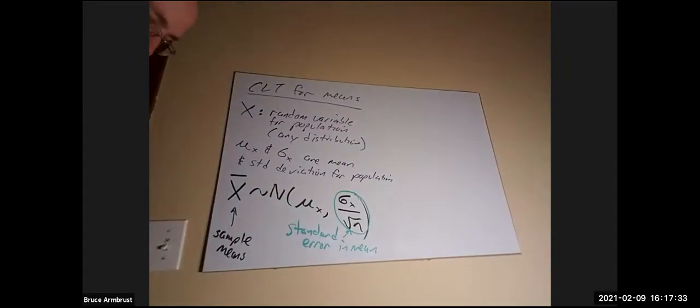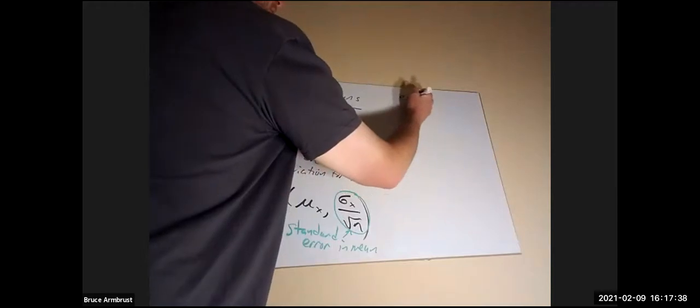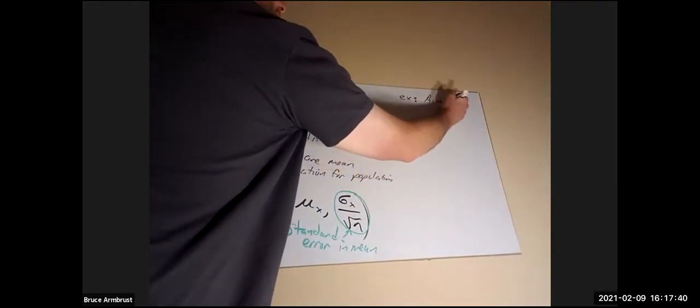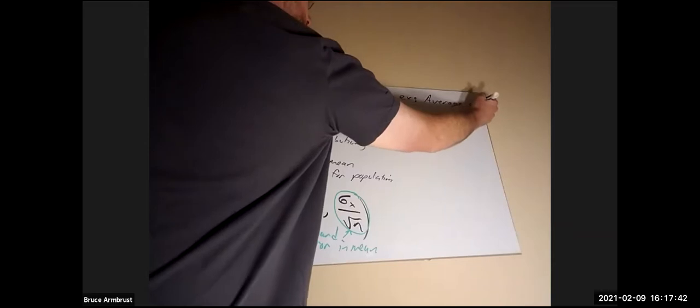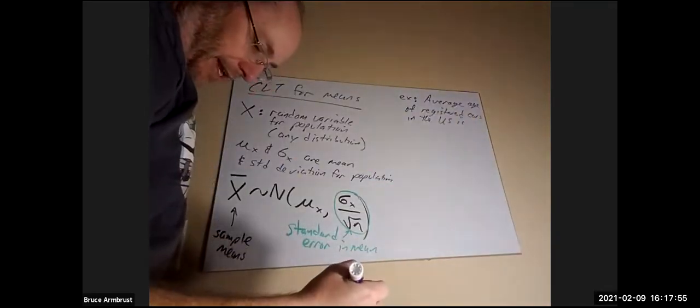Let's say, for example, that the average age of registered cars in the US is 96 months.